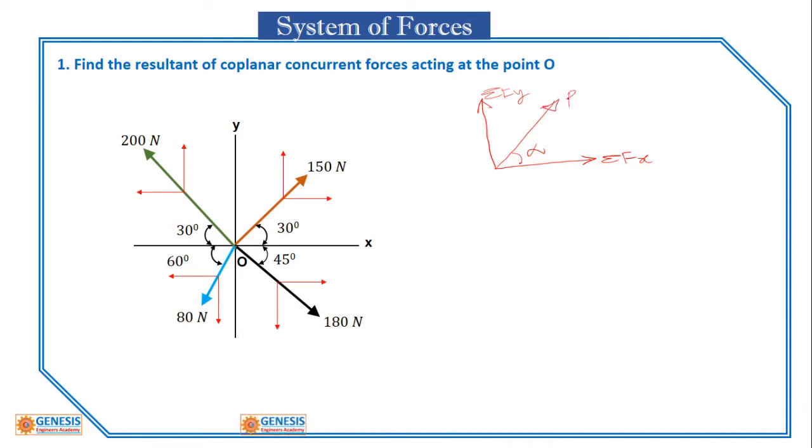If sigma Fx is towards the right and sigma Fy comes out negative, then the resultant will be in the downward direction. That has to be mentioned while you are solving, otherwise you won't get marks for it. That is the fundamental concept.